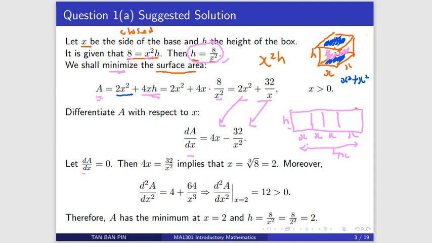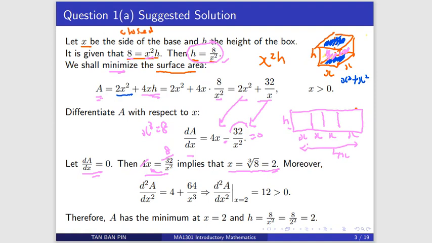Then you set dA/dx to 0, which is the same as 4x equal to 32 over x squared. Then you can cross multiply and cancel 4 and 32 to give you 8. So x cubed equals 8, and x will be the cube root of 8, which is 2.